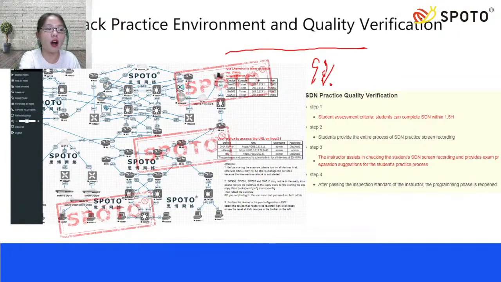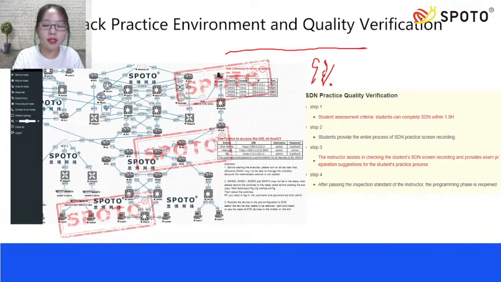You can plan your own practice time and adapt to the test room environment in advance. When you meet the exam standard, we will help you review your practice process to ensure the quality of your practice. The overall practice environment is very convenient, and the main environment is almost the same as the test room.